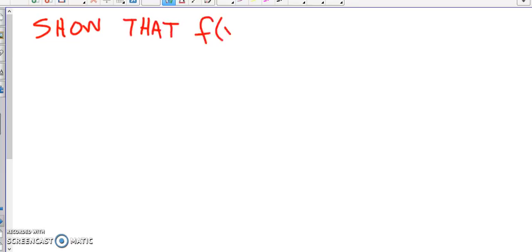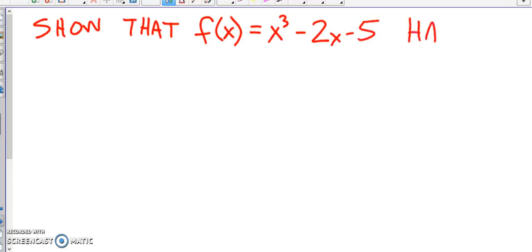So, for instance, show that f of x, which is equal to x cubed minus 2x minus 5, has a 0 between 2 and 3.